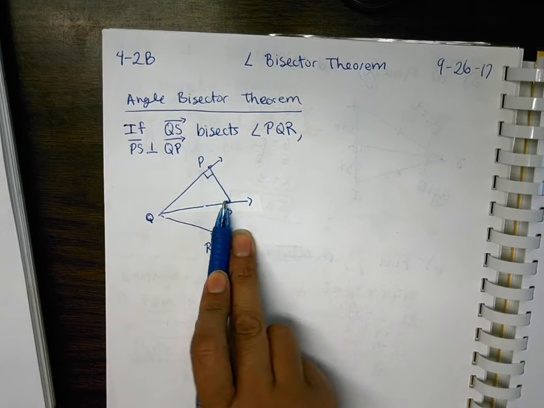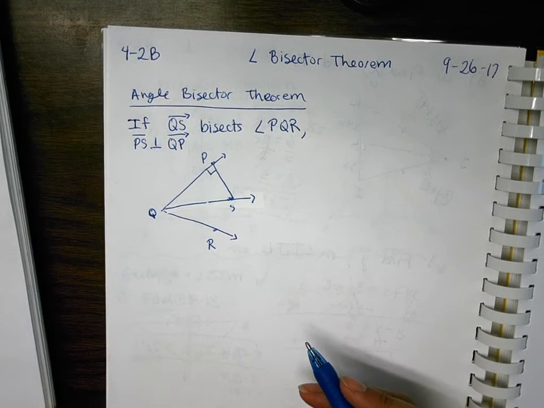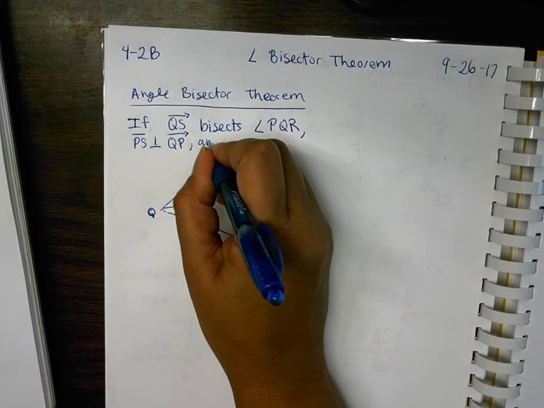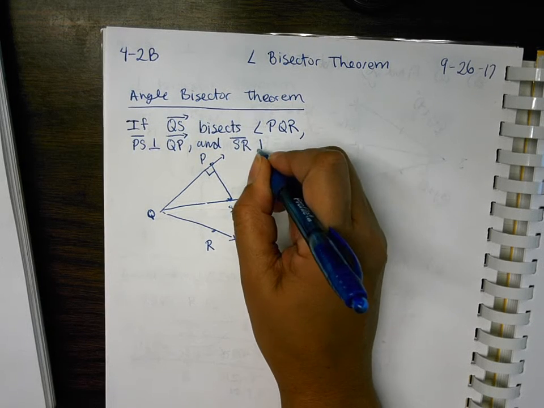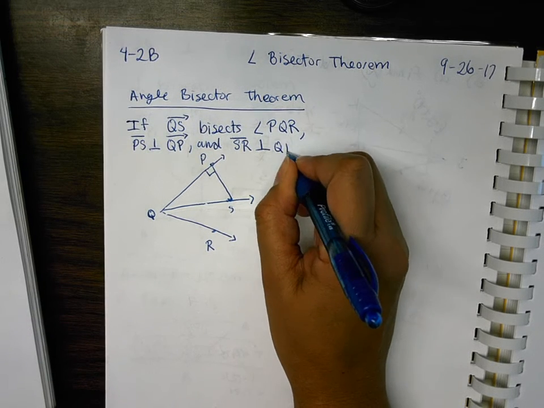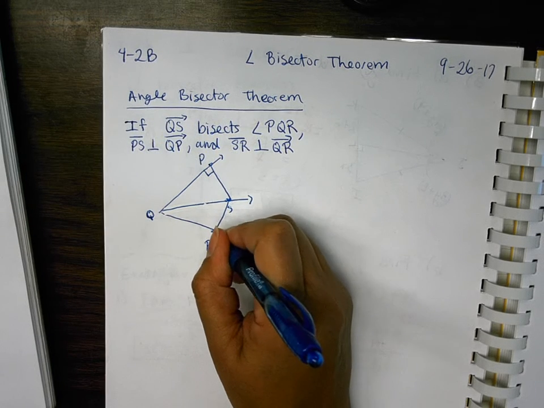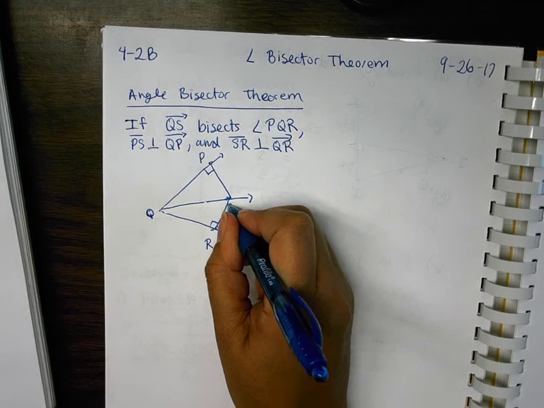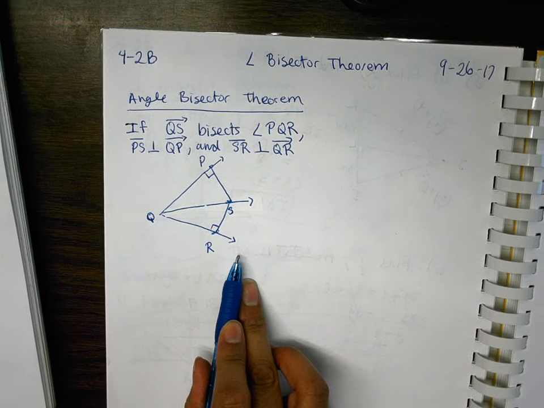PS is perpendicular to ray QP. Do you see that? And last piece, SR is perpendicular to the same or the other ray QR. So same thing here. SR is perpendicular to QR.